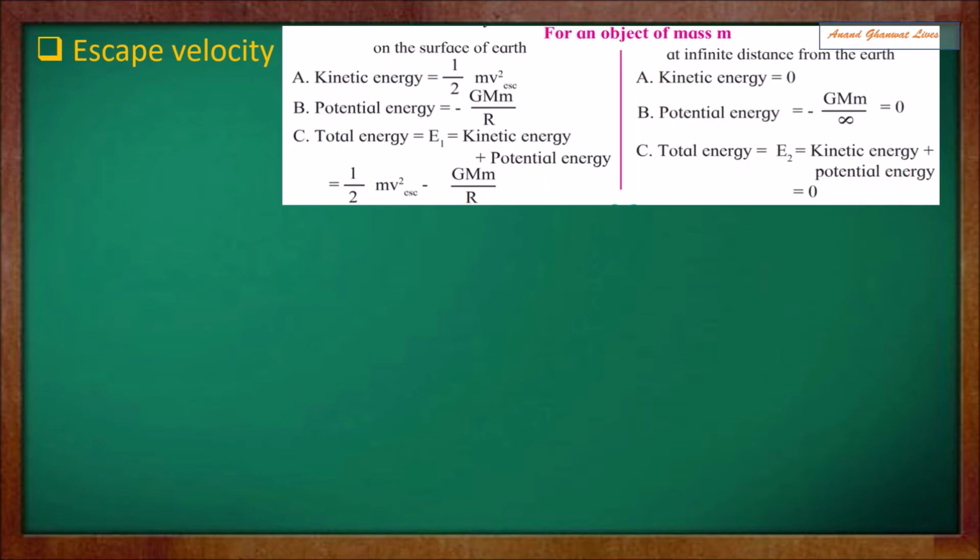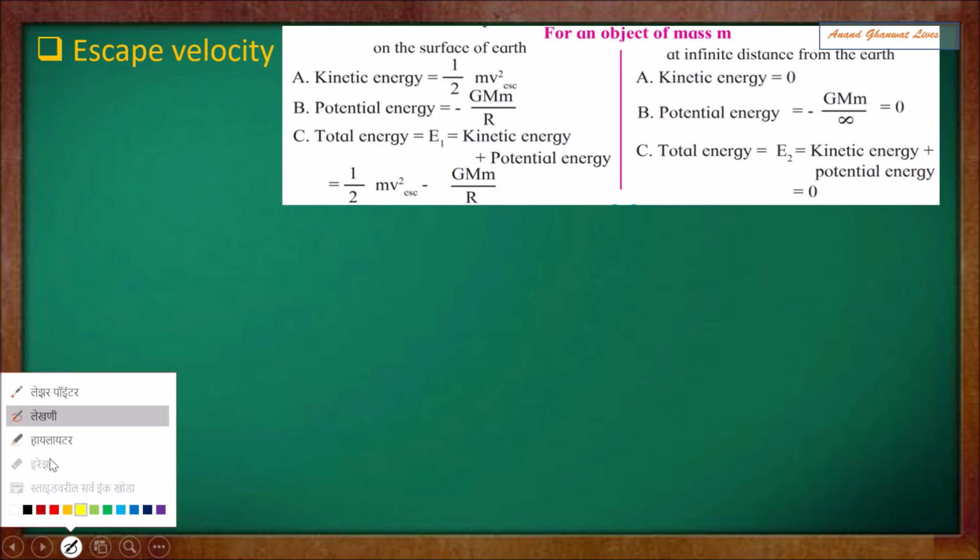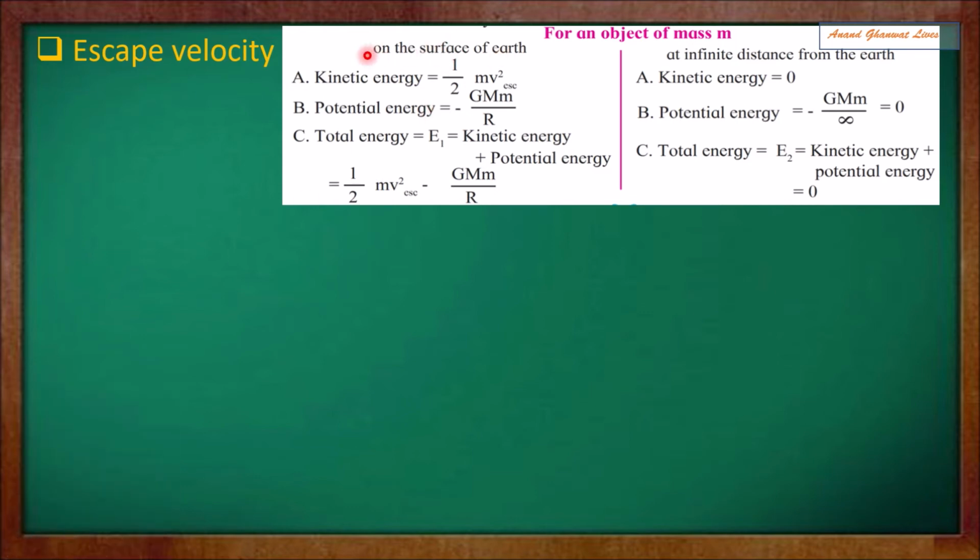Now let us find the formula for escape velocity. For that, let us consider an object of mass m which is on the surface of the earth and which is at infinite distance from the earth. So for the object on the surface of the earth, kinetic energy is equal to 1 upon 2 m into the square of escape velocity.